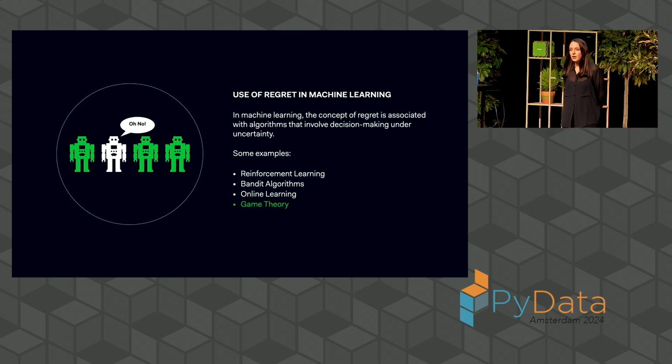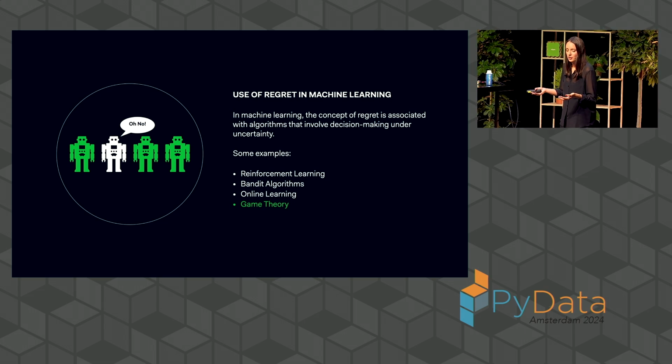So if you are currently in machine learning, you might already be familiar with the concept of regret, because it is associated with many different algorithms that involve decision-making under uncertainty. Just to name a few, they're also overlapping a bit: reinforcement learning, an example of that would be bandit algorithms, or online learning in general, but also game theory, or game theoretical applications.